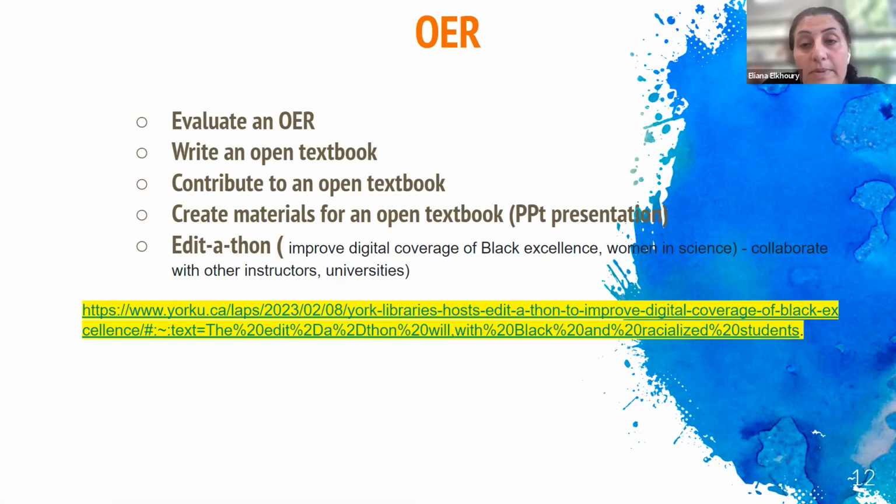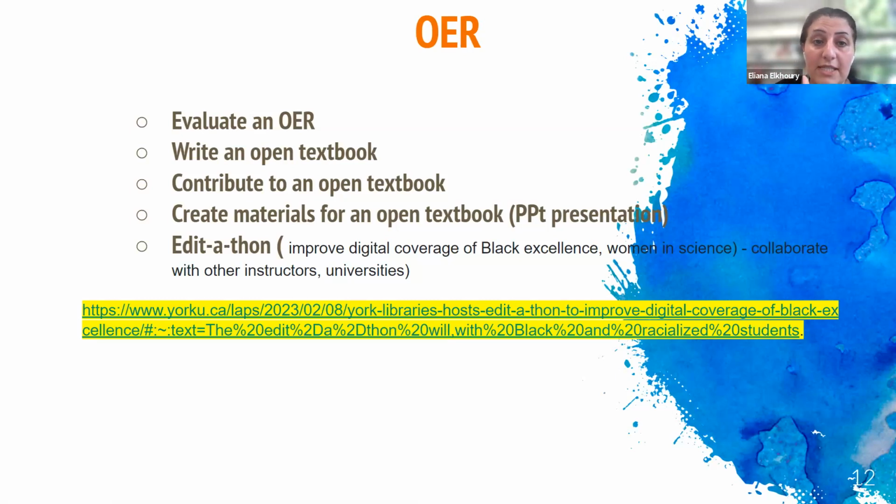You can write an open textbook with your students. I would recommend this for graduate students, for example, master's degree. You know that textbooks are expensive, and textbooks are usually not very culturally responsive.